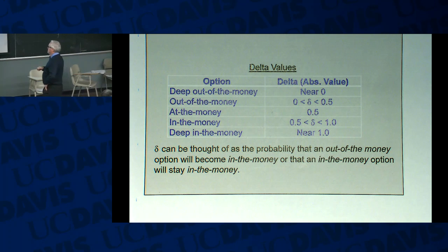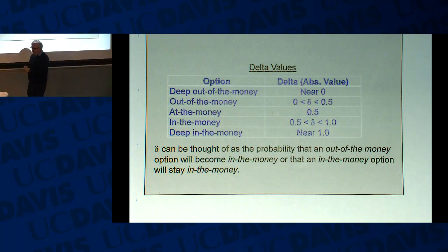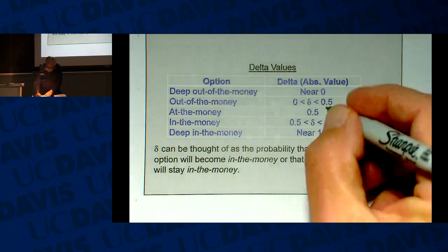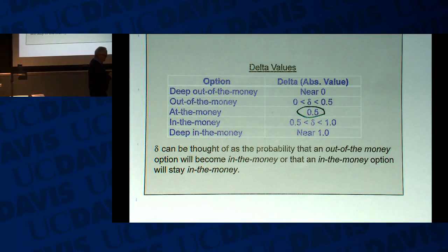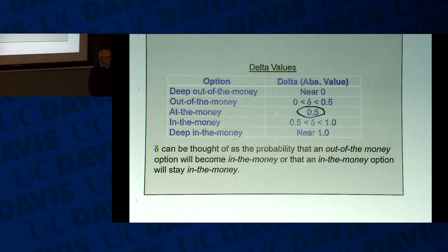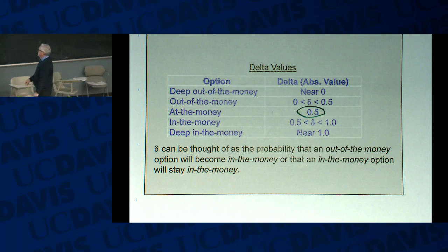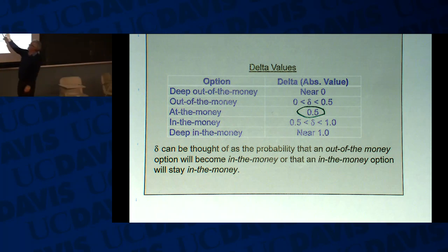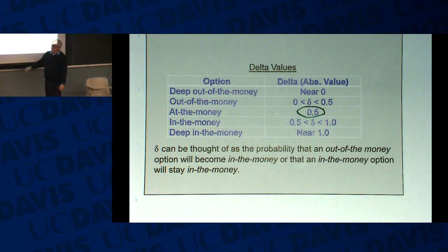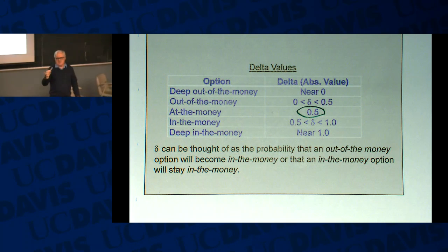Okay? So the delta is going to be equal to 0.5 when the option is at the money. Okay? And when it's deep in the money, then the delta is going to be close to 1. So the delta is going to range from near 0 to near 1, depending on whether the option is out of the money, at the money, or in the money.